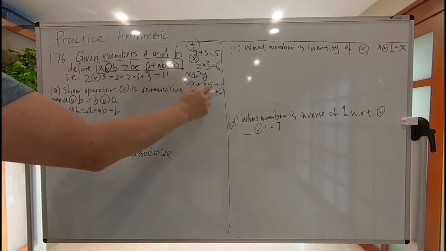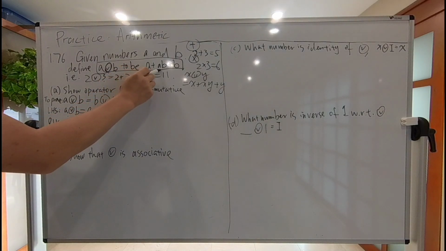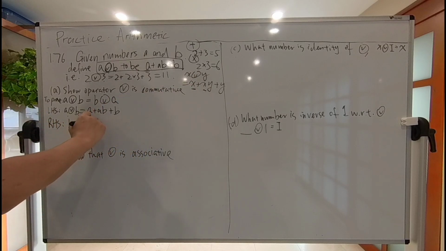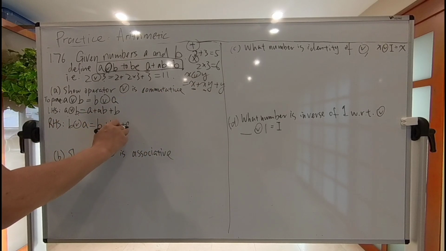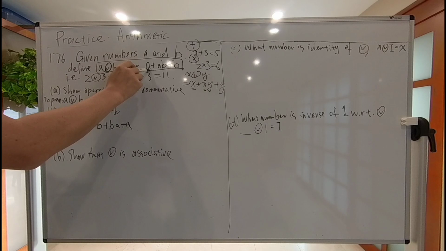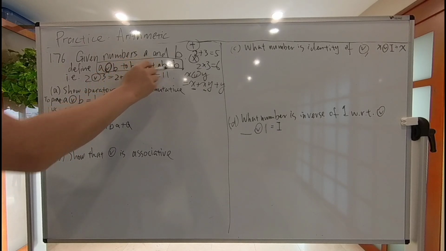So if I'm solving B operating A, B will appear in the first position. So it becomes B plus B times A plus A. I'm simply plugging B into the position that A has and plugging A in to replace B.